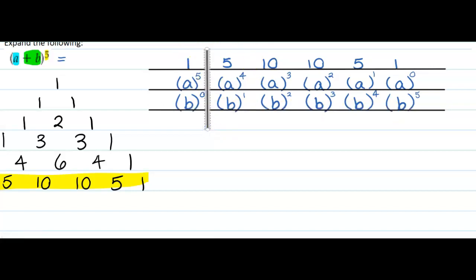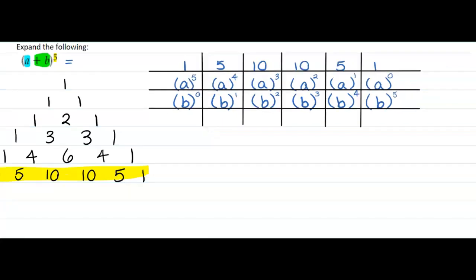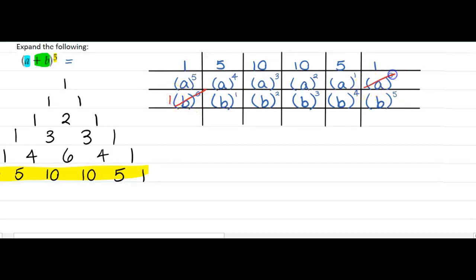I'm going to pause the video while I finish my chart. Now, one thing to remember, anything to the 0 power is 1, so b to the 0, that's just 1. a to the 0, that's just 1. Those two boxes will always become 1s when we're doing this process.